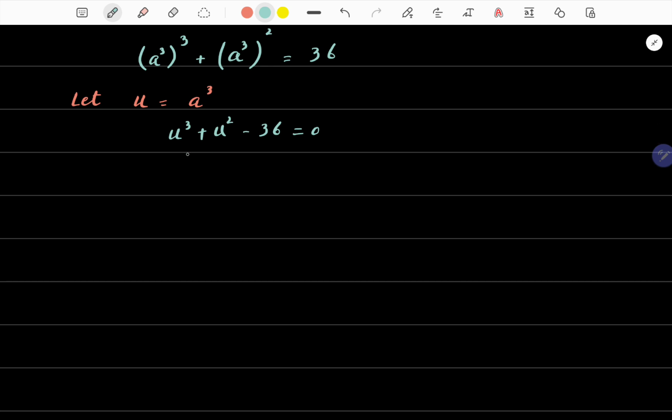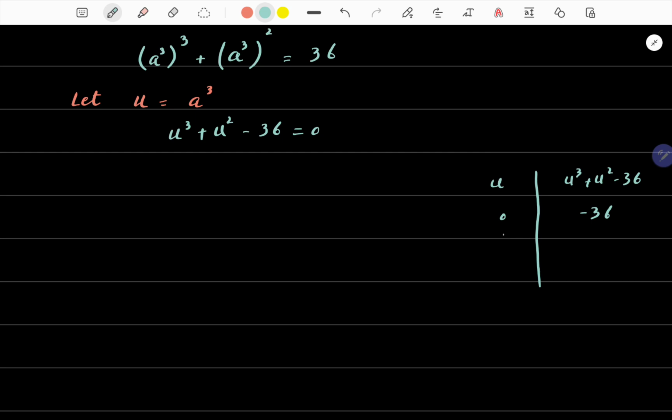First we substitute some random values of u to find the root, and if we table it here, let u and then u cube plus u square minus 36. If we take u is equal to 0, then it is equal to minus 36.